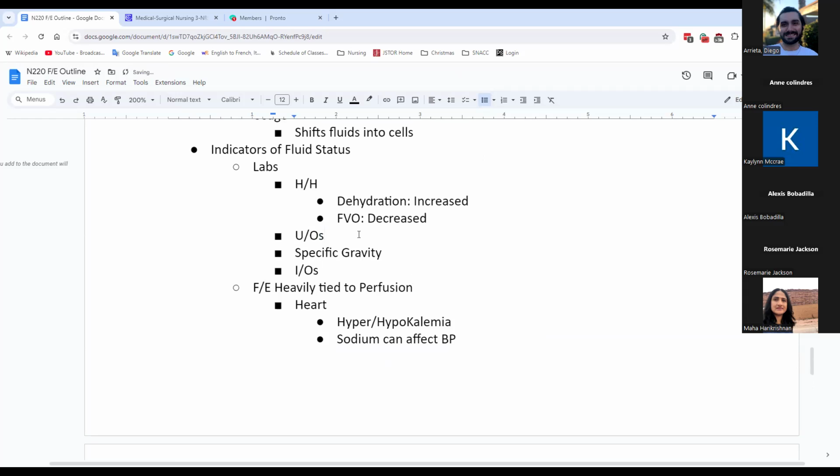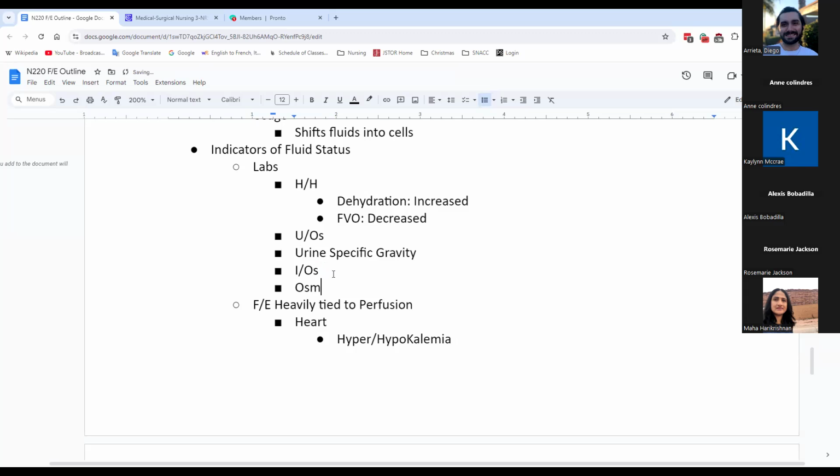You might see something like a SATA question asking which labs are good for fluid status. Your osmolarity could be one, so let's do blood osmolarity, like serum osmolarity. Anything else?